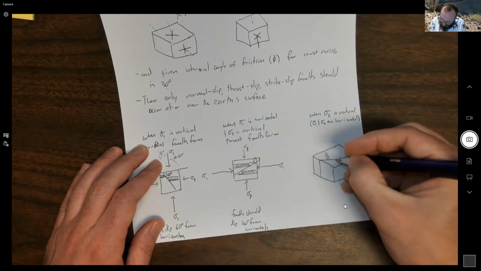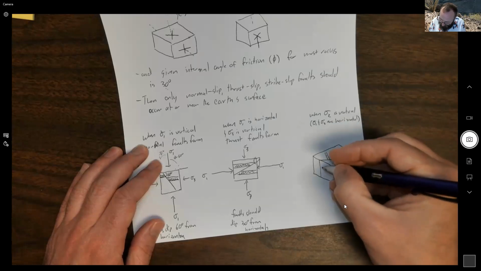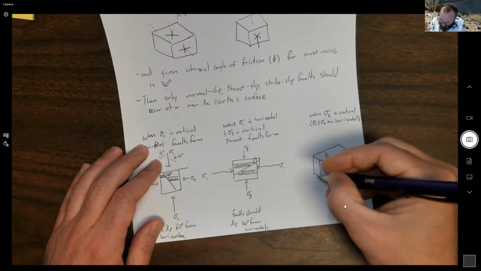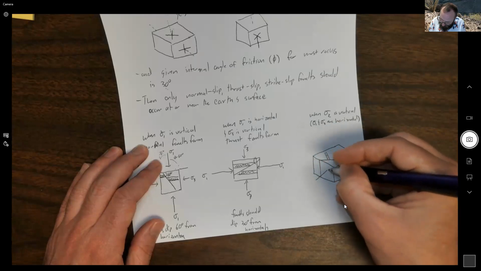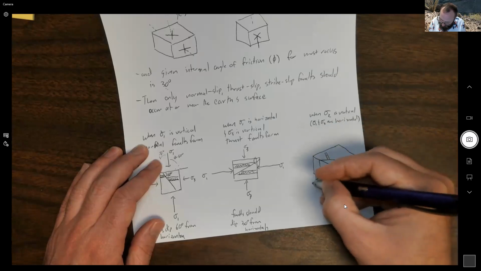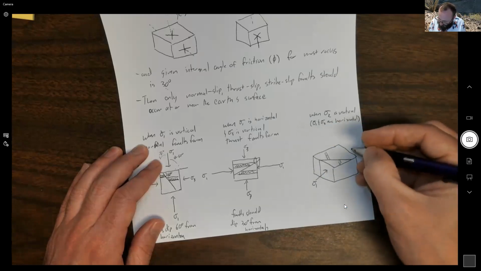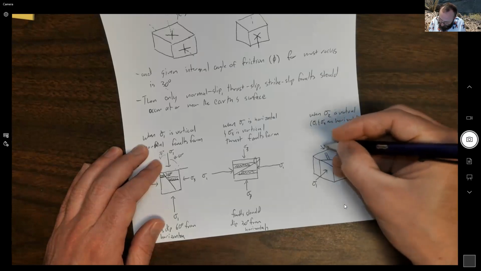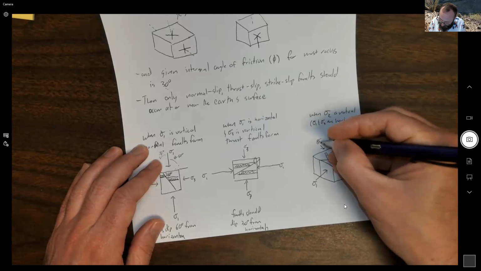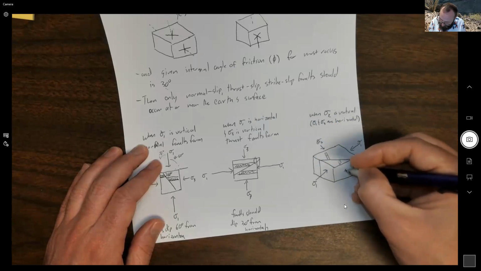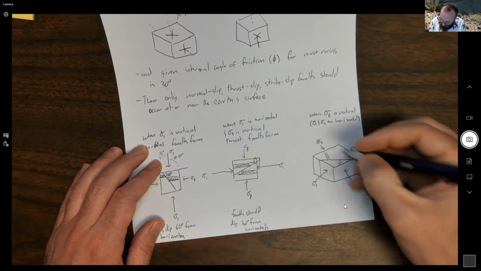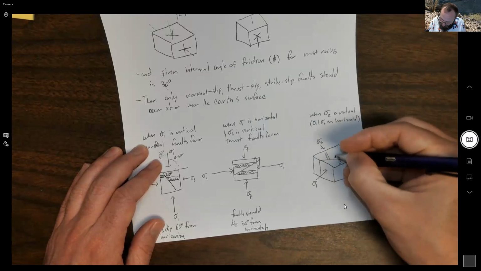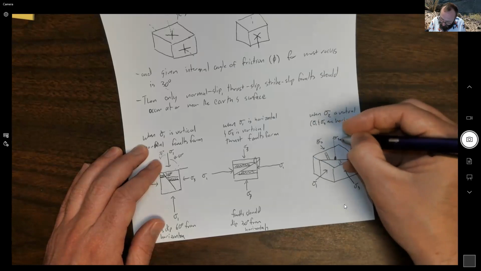Sigma 1 horizontal in that direction, sigma 3 in that direction, and sigma 2 is vertical.